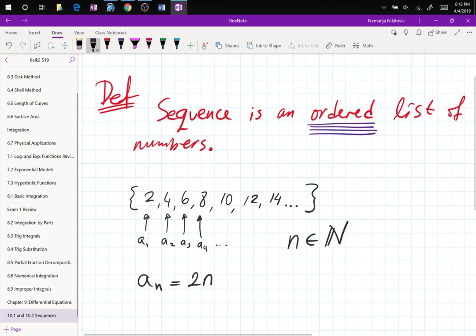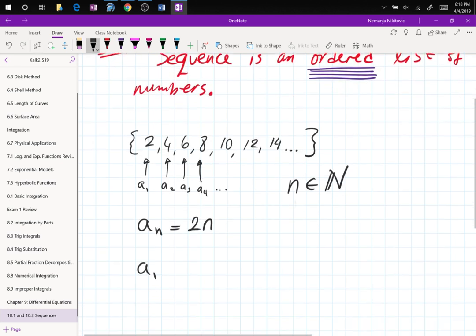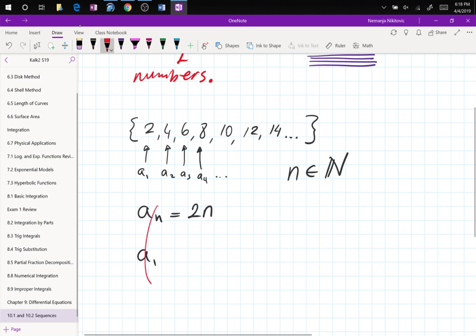When n is equal to 1, for my first value, my a1, then this n here also has to become 1. So for a1, which is the first term, I will have 2 times 1, and that's 2. For the second term, my little n is equal to 2, so we have the second value, which is 4.